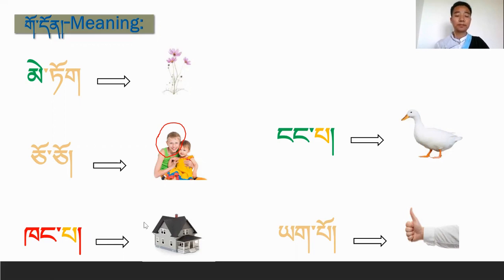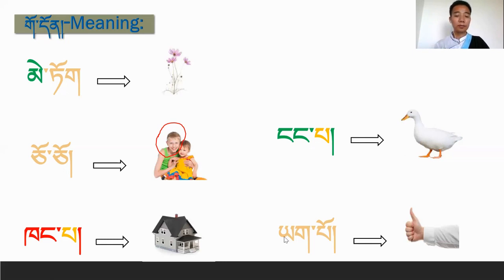The fourth one is ngang pa, which means it's dark.